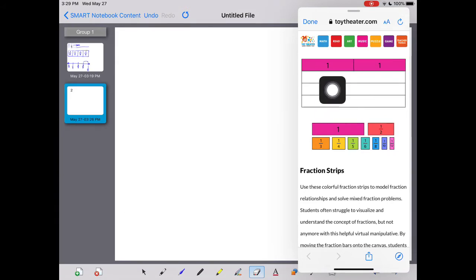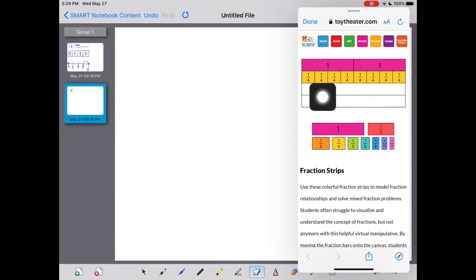We have two wholes, and let's say they're divided into fourths, like a Hershey candy bar chopped into 4 equal pieces. So we'd have 1/4, 2/4, 3/4, 4/4, and then of course 1/4, 2/4, 3/4, 4/4.